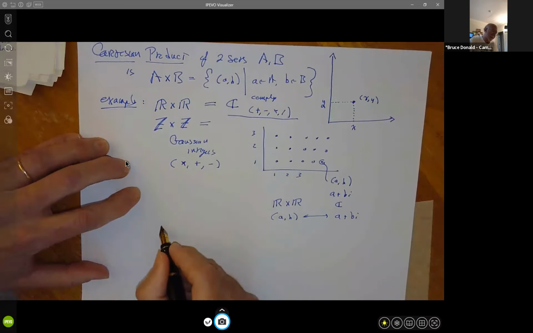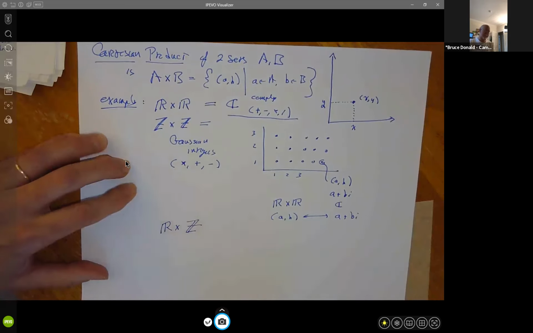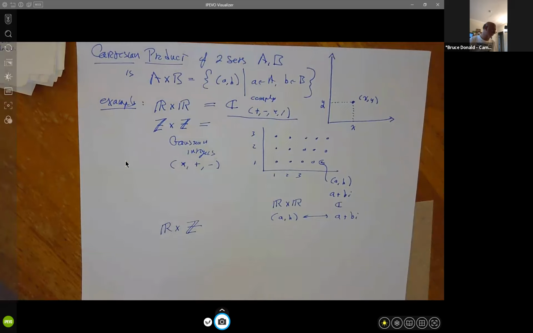What does R cross Z look like? What does this set look like? Any ideas?